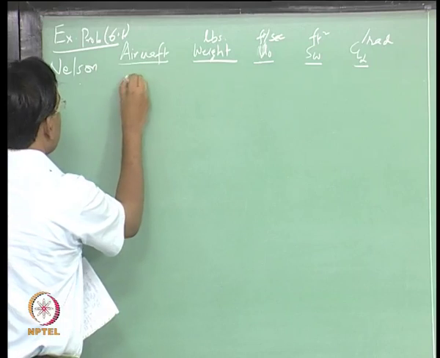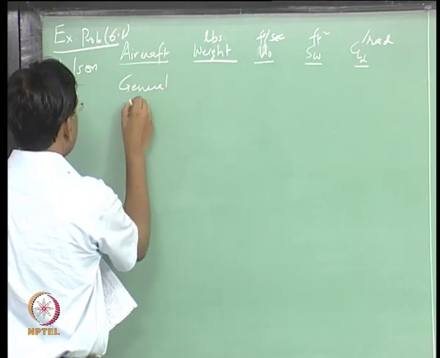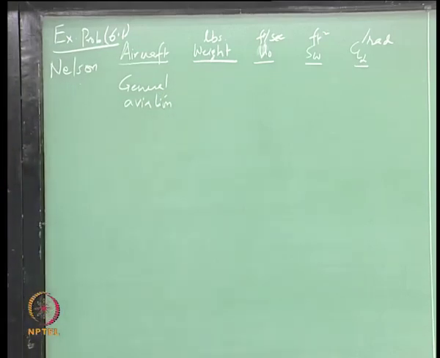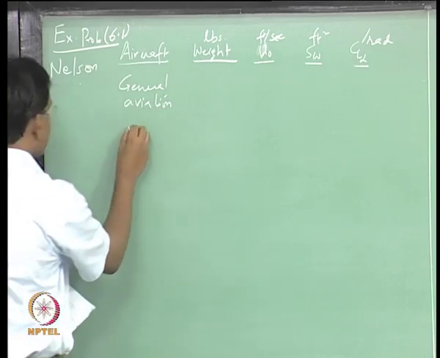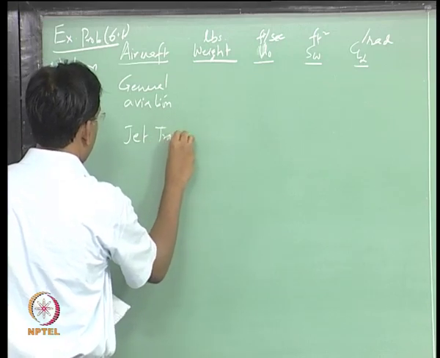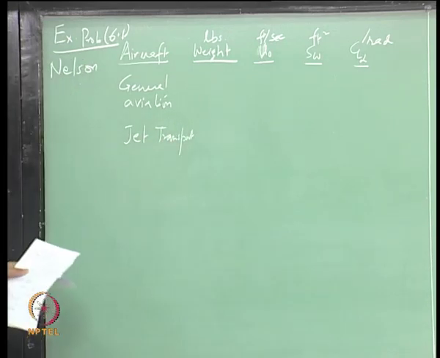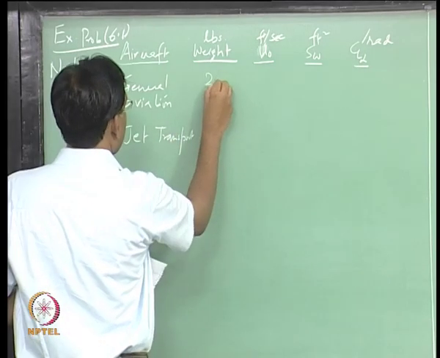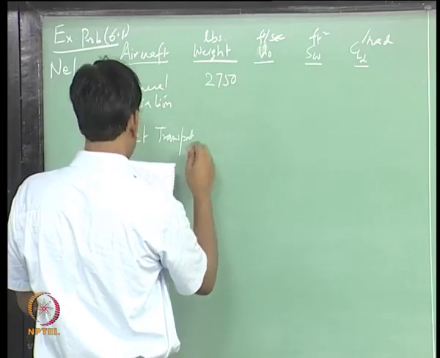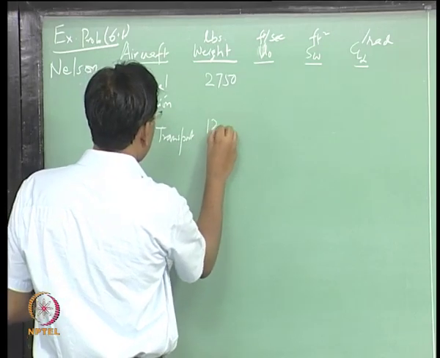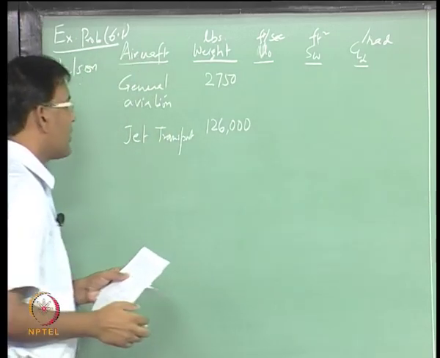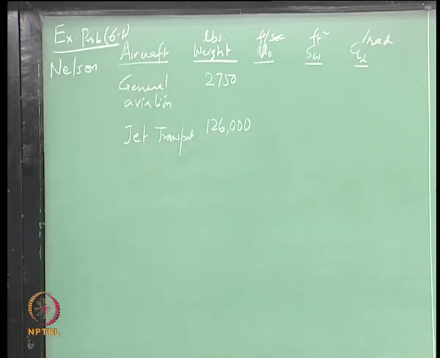One is a general aviation small airplane, and the other one is a jet transport. Weights are 2750 pounds for the general aviation aircraft and 126,000 pounds for the jet transport.